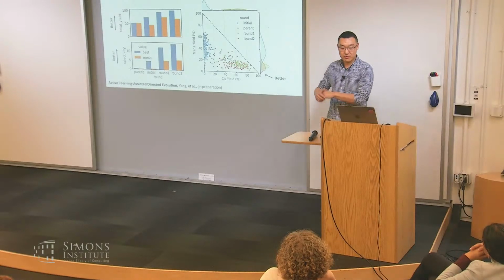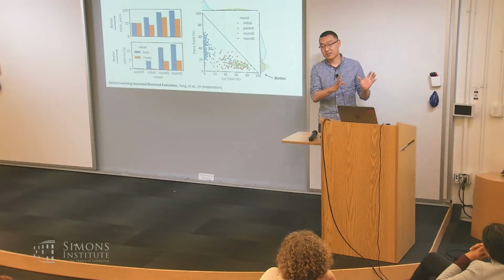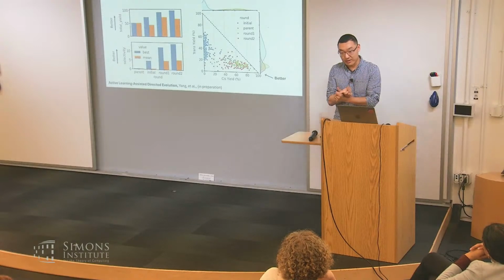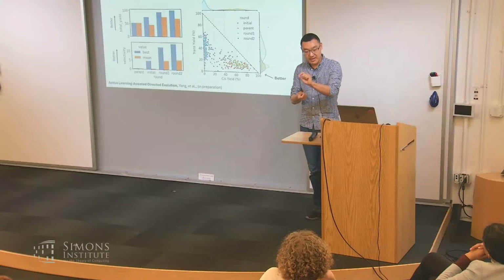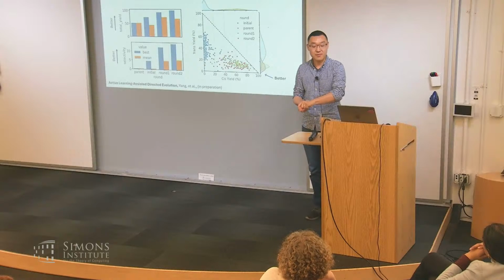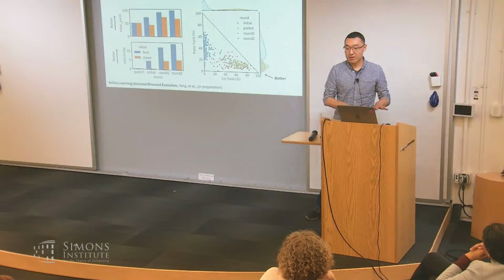And in order to focus on the chemistry side, we kept the computational side as simple as possible. Alternatives that you could do is for each sample in the batch, you could draw a new independent sample of your posterior sampling, and then you could optimize for that one, and that's parallelizable. We didn't do that here, but I'll talk about that later as an algorithm you can do later in this talk.